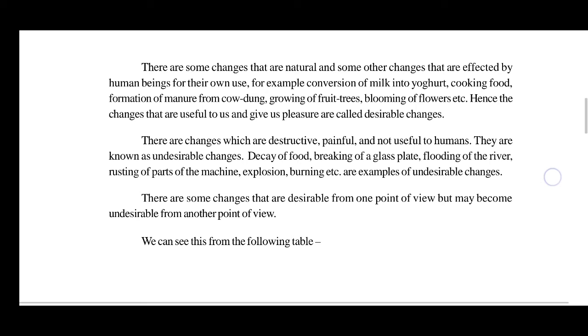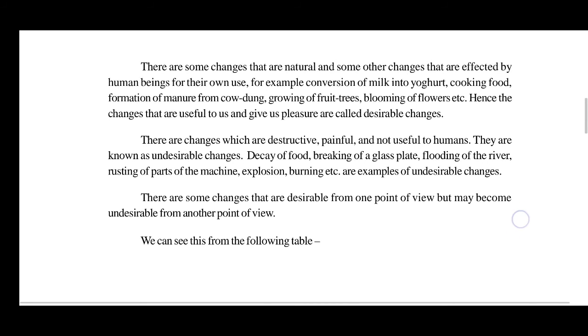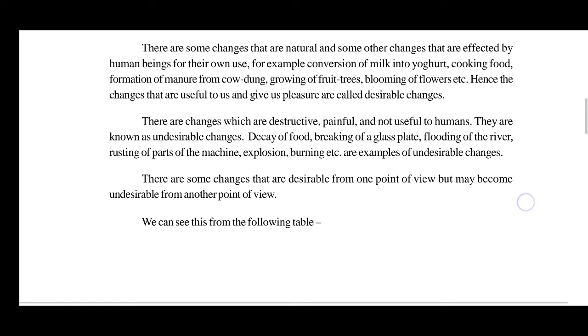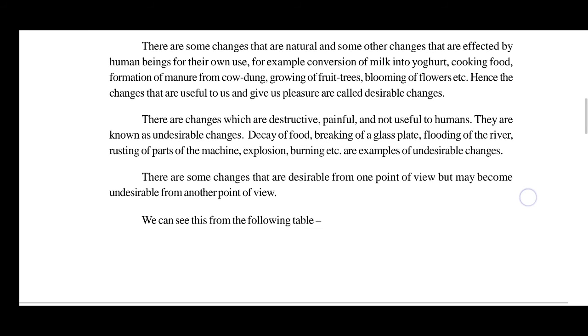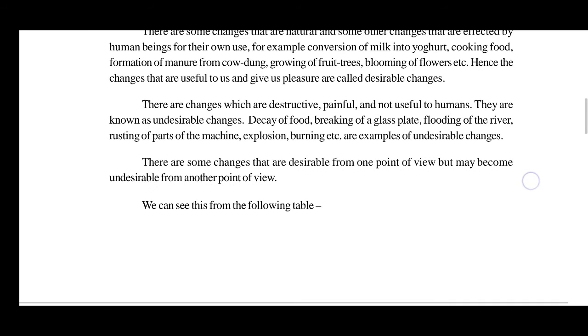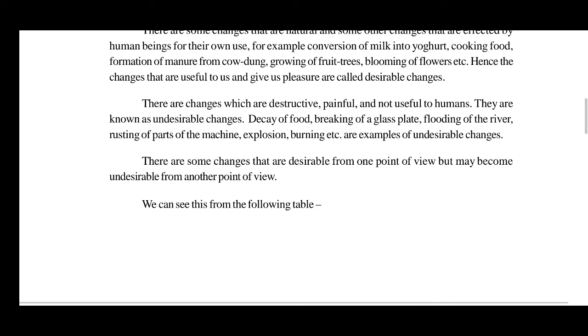There are changes which are destructive, painful and not useful to humans. They are known as undesirable changes. Decay of food, breaking of a glass plate, flooding of a river, rusting of parts of a machine, explosion, burning, etc. are examples of undesirable changes.